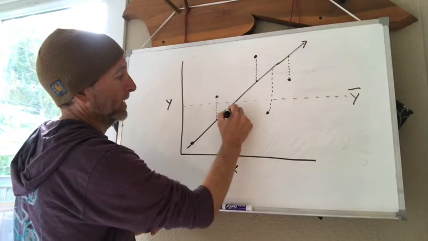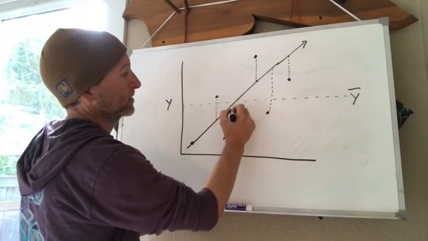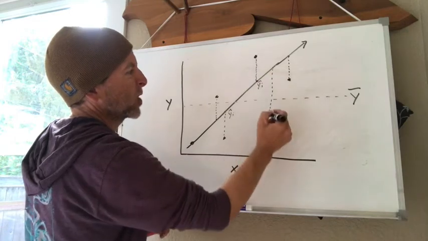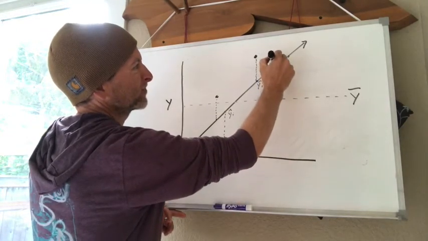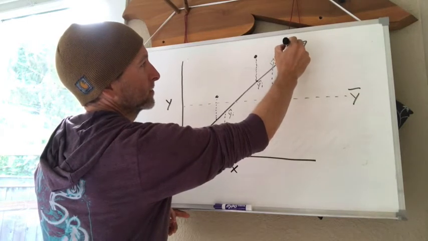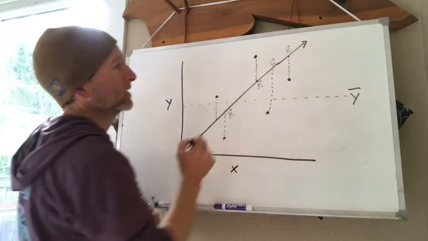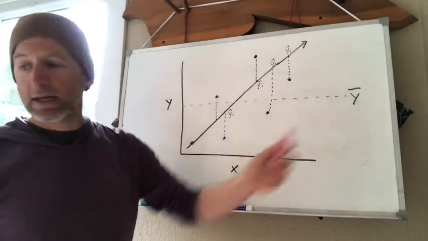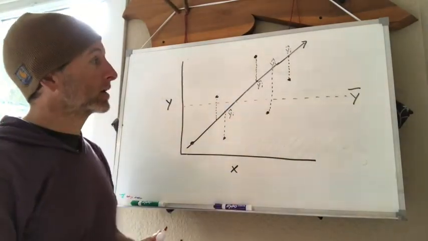So we have a y hat sub i here, and a y hat sub i here, y hat sub i, y hat sub i. Okay, so each point along a line is going to be a y hat sub i, and then we have a y bar here.